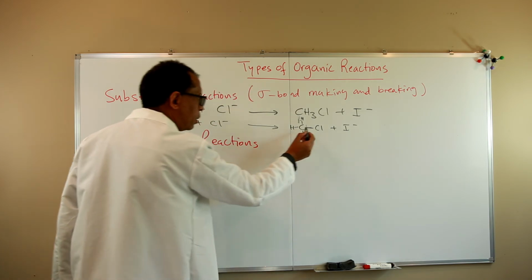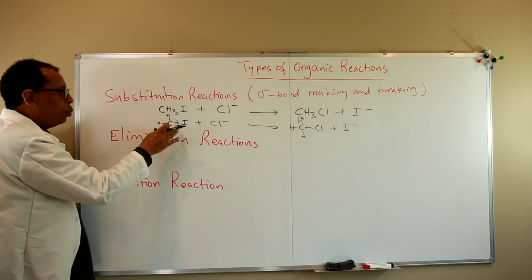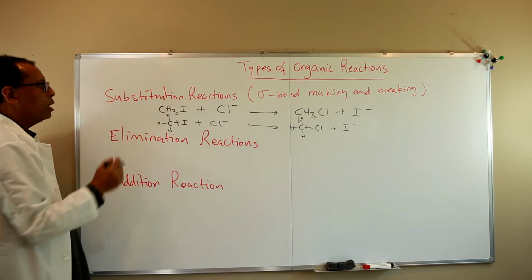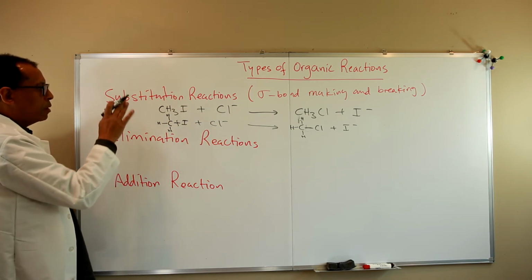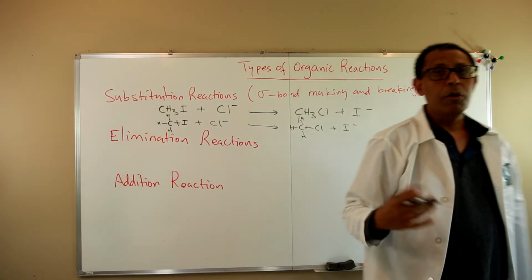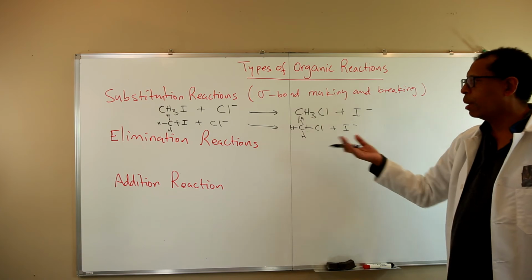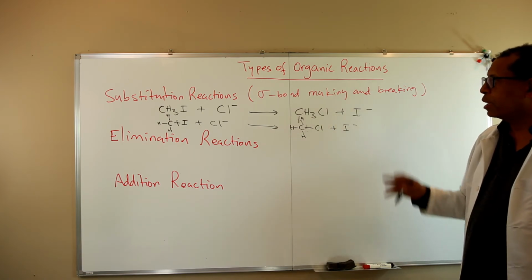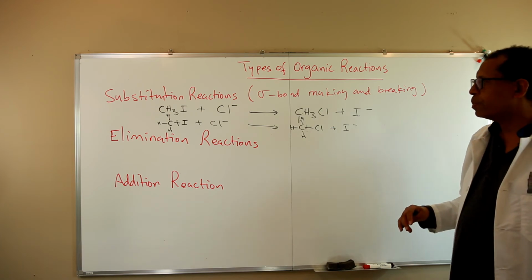This is a bond formed through substitution of the iodine with a chloride. So this involves just the breaking of a sigma bond and the making of a sigma bond with a different group. That's a substitution reaction.